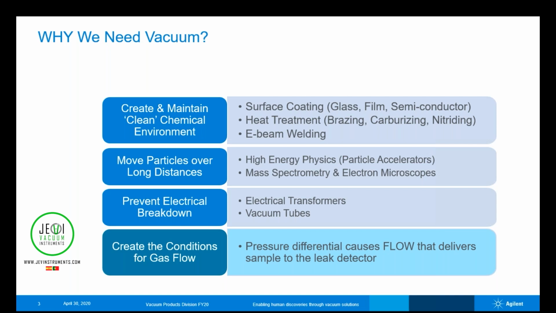So gas will always flow from an area of high pressure to an area of low pressure. And we try and create that differential pressure in order to get helium from outside the vacuum system towards our detector, or in the case of a pressurized vessel, from inside the chamber going outside through our sniffer probe to our detector. So that's kind of a unique condition that we require vacuum for in the leak detection business.